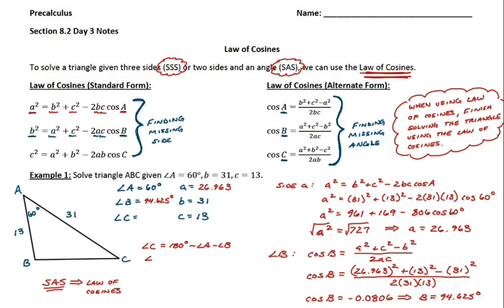If you could see what I wrote here, I wrote angle C equals 180 minus angle A minus angle B. Obviously, you're going to put those numbers in there. I just don't want to rewrite it every time, and you don't even have to write this step. I'm just writing it to be thorough on where this number comes from. So what I should get for angle C is 27.375. And that is the completed problem using the law of cosines, both the standard form and the alternate form.